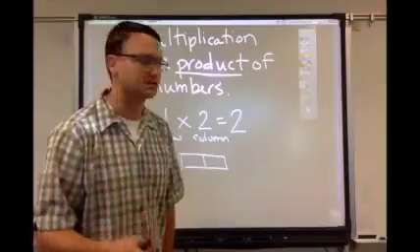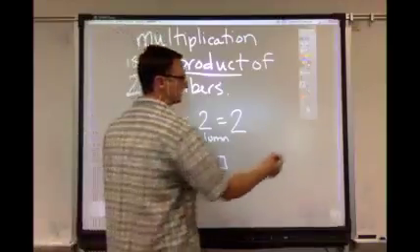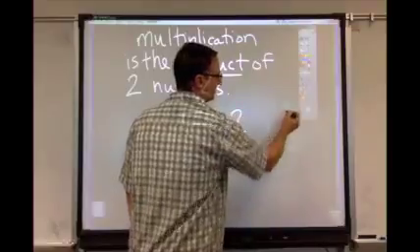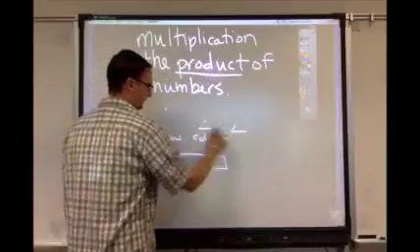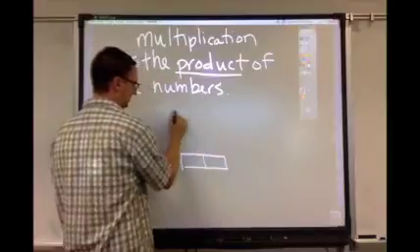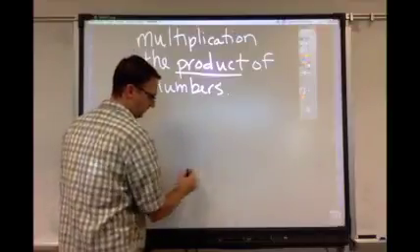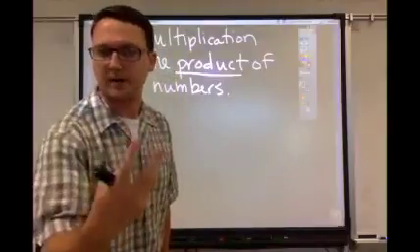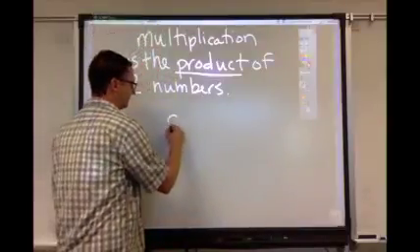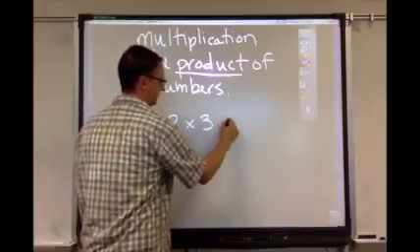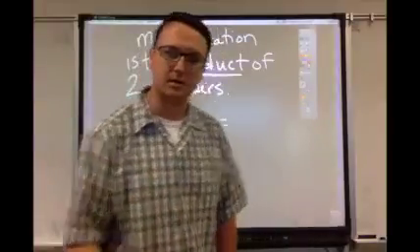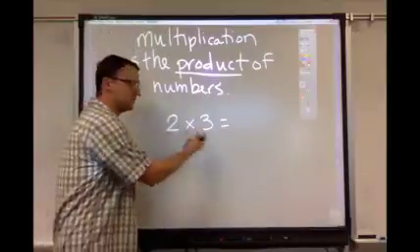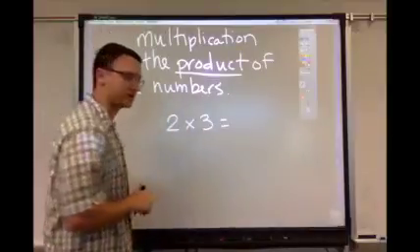That's the product. If I wanted to change that, say, I want to make that 3. Say 2 times 3. We want to know what the equal sign is, what the product is of these two numbers, 2 times 3.